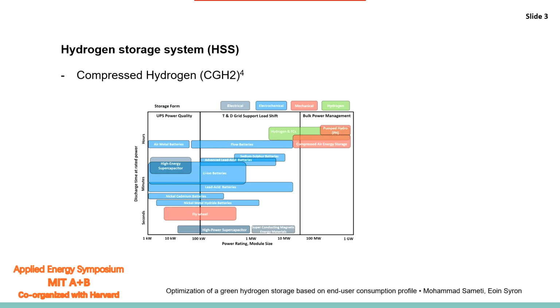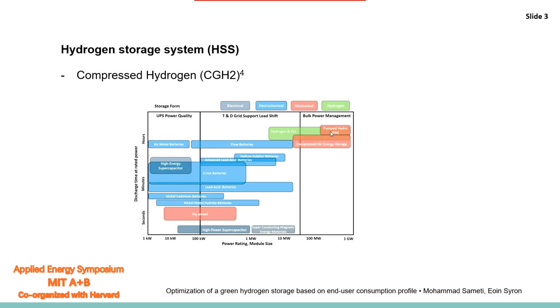And if we look at the discharge time, the hydrogen systems and fuel cells can be used as hourly storage systems, so not for lower resolution storage systems. And hourly storage systems can be used for commercial, industrial, and residential sectors. So that's a suitable storage system, especially if we look at the price or cost of the systems.